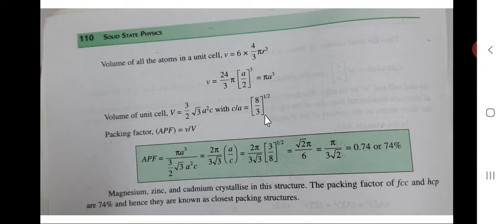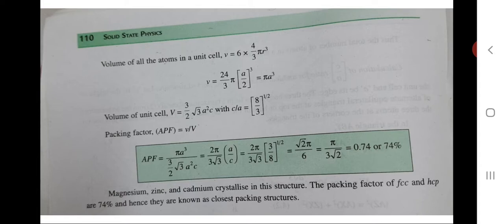Thus, the packing fraction is given by root 2 pi by 6, which is equal to pi by 3 root 2, which is equal to 0.74, or it is 74%.